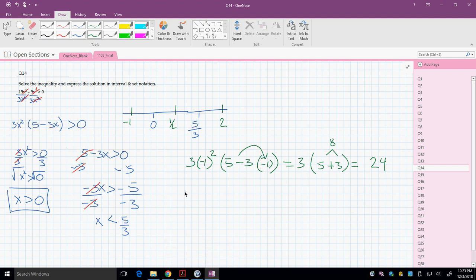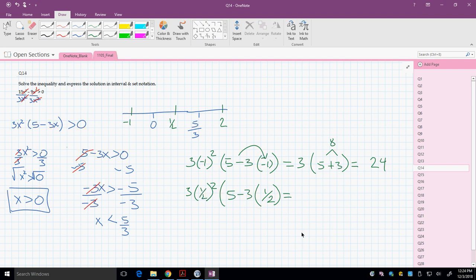And then I'm going to do the same thing, but I'm going to use the half. So I have 3 times one half raised to the second power, 5 minus 3 times one half. 1 times 1 is going to be 1, and 2 times 2 is going to be 4.